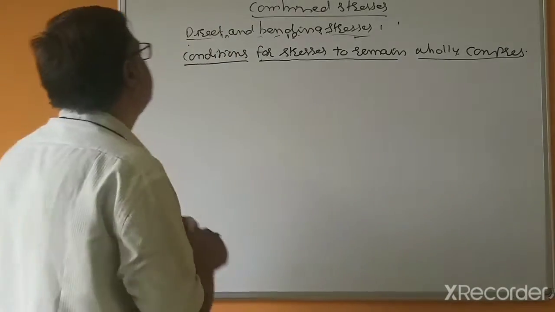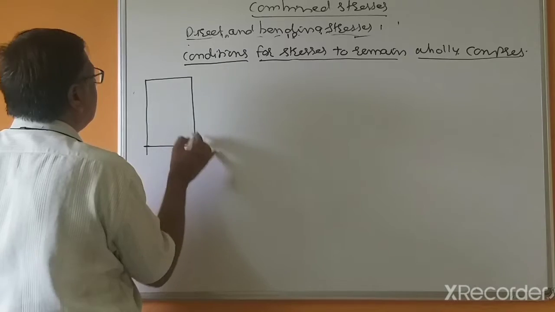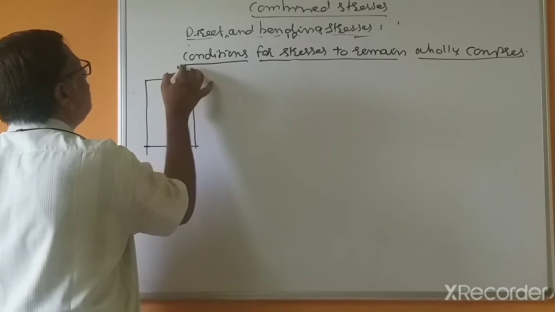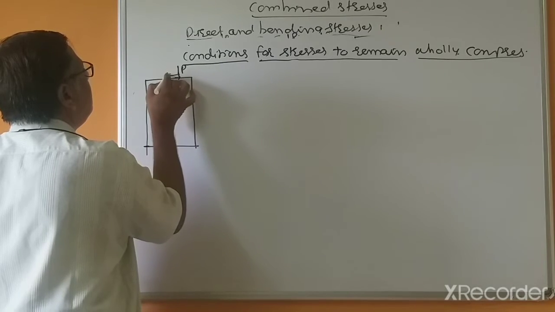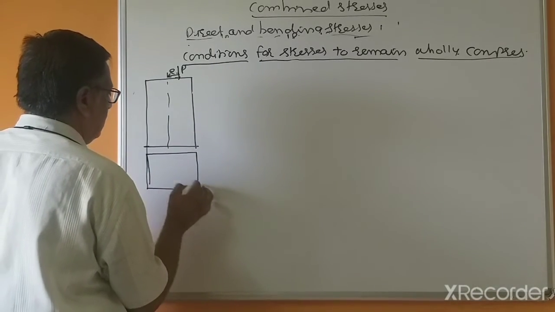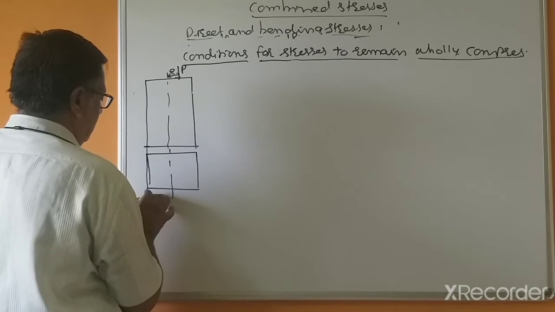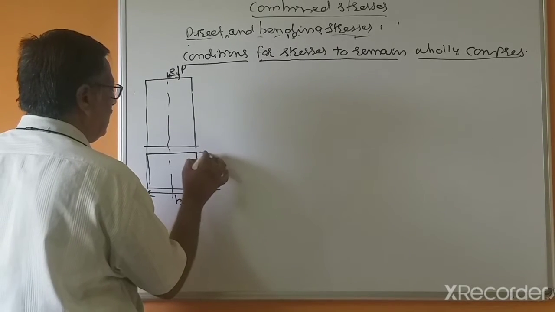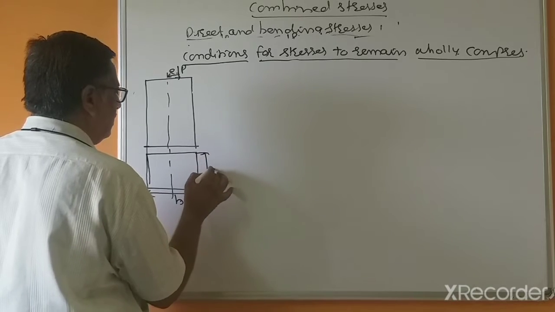Now here for understanding, suppose this is a rectangular column and here the load is acting, this is load P having eccentricity E, and this is the section. So this is B the width and D the depth.